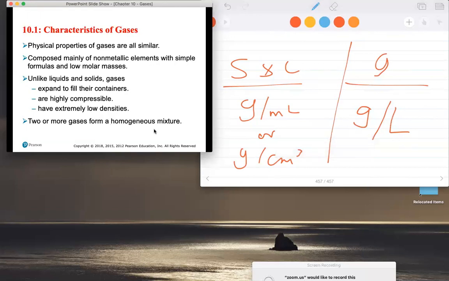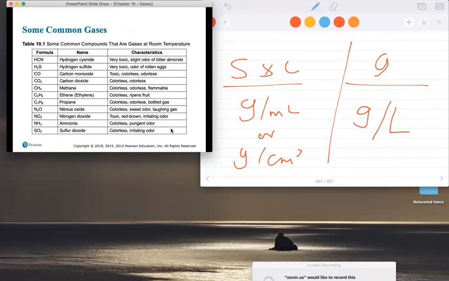Gases can mix homogeneously without reacting. Two or more gases can homogeneously mix, which means they don't react. For example, in the air, there is nitrogen gas, there is hydrogen gas, there is CO2 gas.